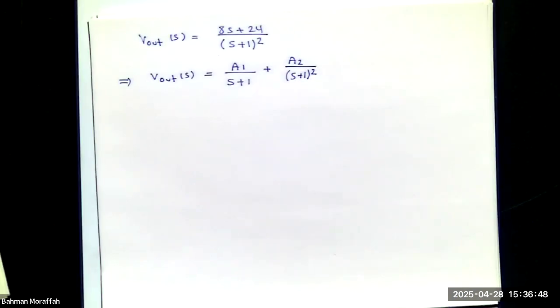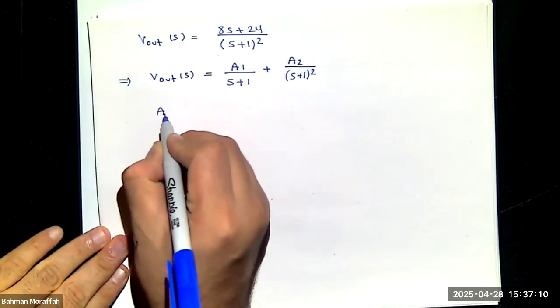Why? Because if I look at this, I have a pole at -1 that is repeated. So when I'm doing the partial fraction decomposition, I have to have all the elements up to the highest power. Now, the only thing I gotta do is to find A1 and A2. Well, we know A2 is very simple.